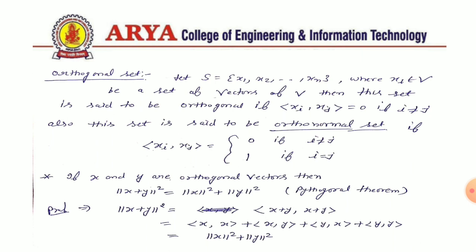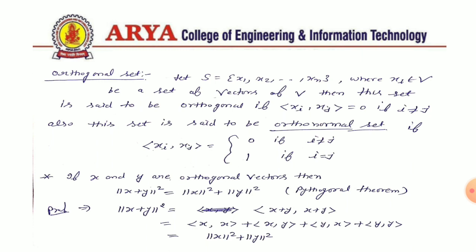First of all, take its left hand side, which is norm of x plus y whole square. Now by the definition of norm, we can write it as inner product of x plus y and x plus y. Now here we use the properties of inner product. We can write it as inner product of xx plus inner product of xy plus inner product of yx plus inner product of yy.